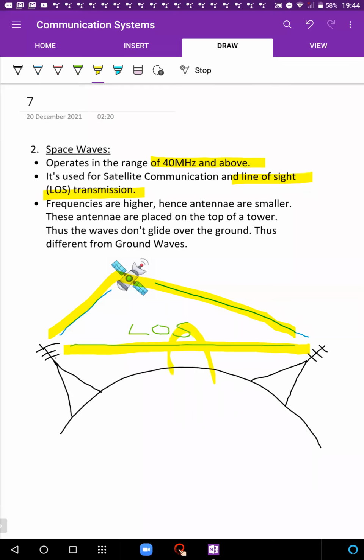Line of sight is abbreviated as LOS. Now the frequencies here are higher, and hence the antennas are smaller. For this range, the antennas are significantly smaller, so these antennas cannot really be placed on the ground.